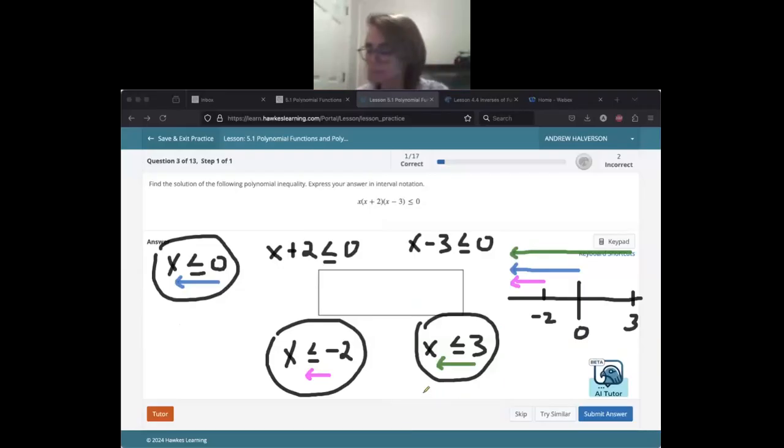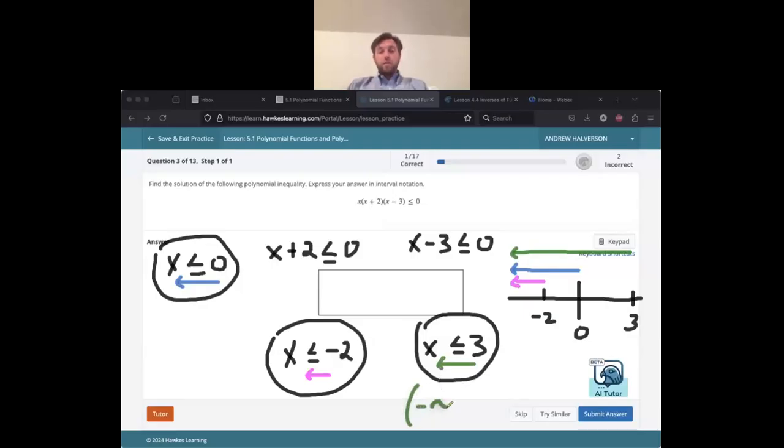We put the parenthesis and then put 3. Remember, it's smaller, comma, larger, left, comma, right. So what's the smallest value we can be? We put a regular parenthesis with negative infinity and then comma 3 with the square bracket. Boom.